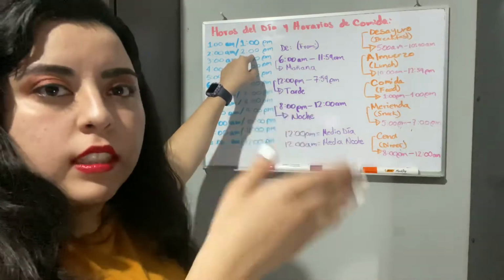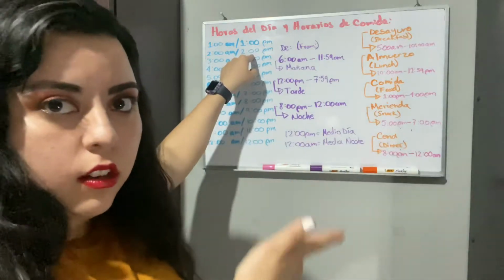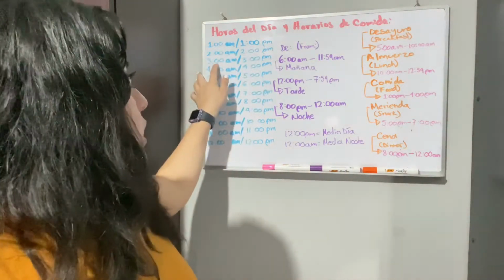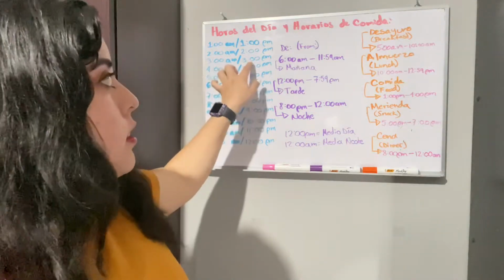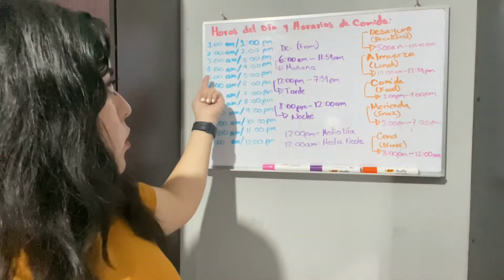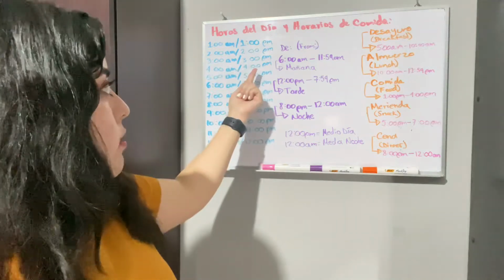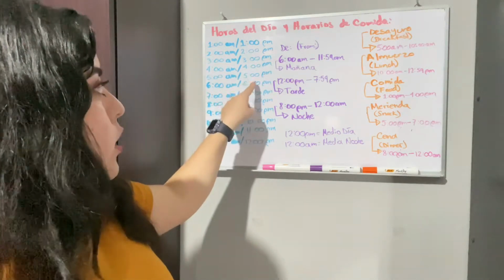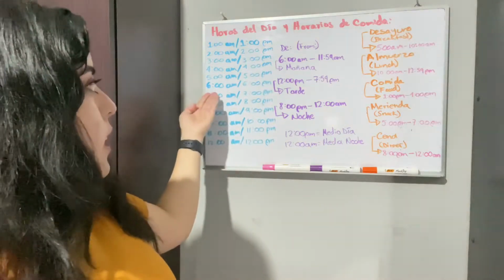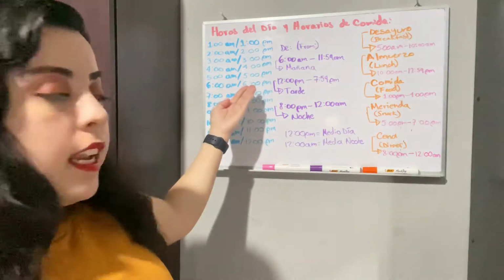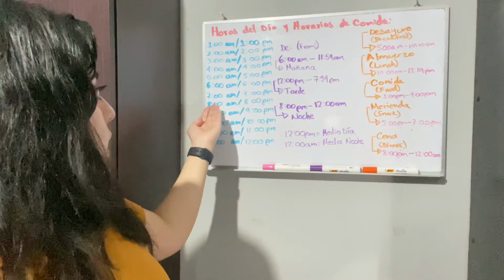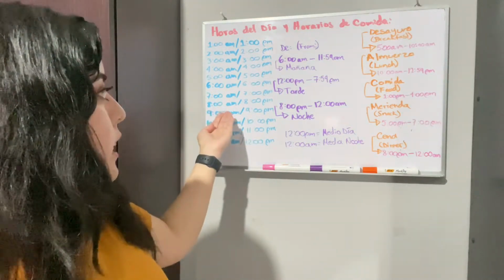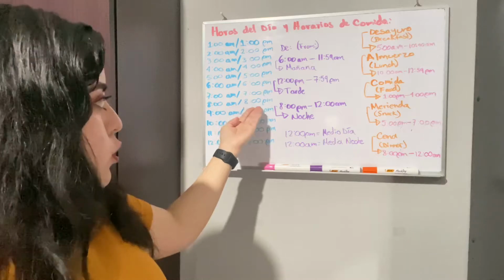And then we are gonna see about the minutes later on, but I need to explain this first. Then las 3 de la mañana, las 3 de la tarde, las 4 de la mañana, las 4 de la tarde, las 5 de la mañana, las 5 de la tarde, las 6 de la mañana, las 6 de la tarde, las 7 de la mañana, las 7 de la tarde, las 8 de la mañana, las 8 de la noche.